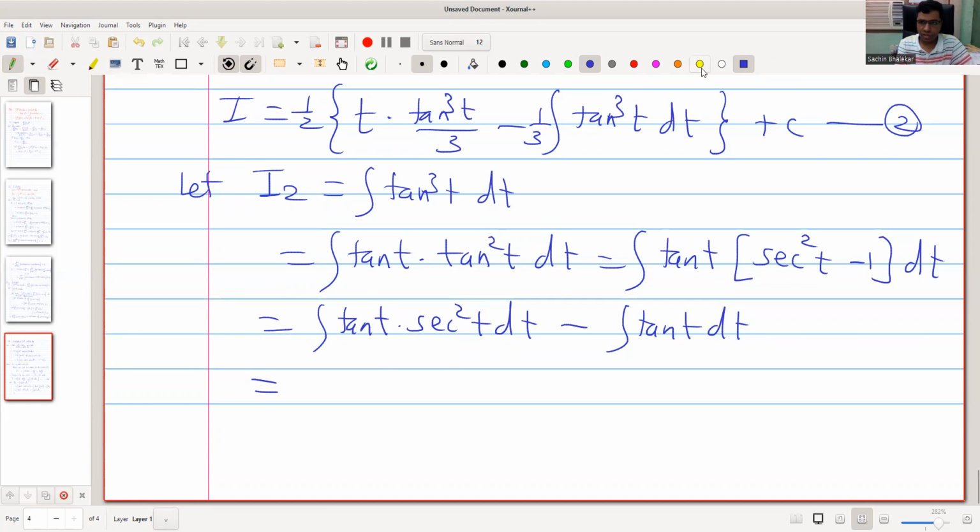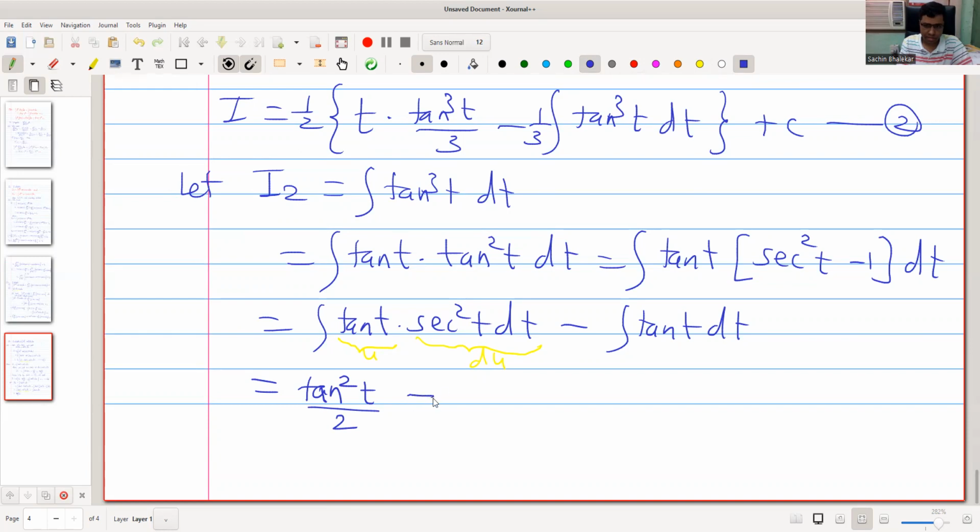So this is simply integral u du and its integral is u square by 2, which means tan square t by 2. So the first term is tan square t by 2, substituting u equal to tan t.